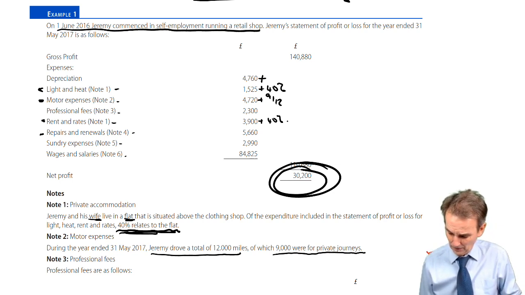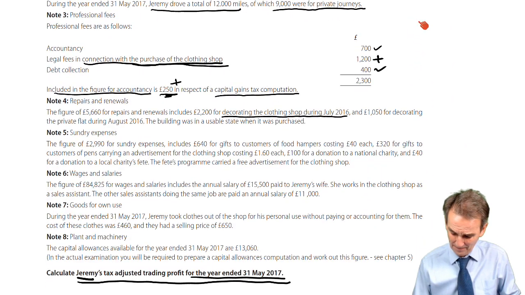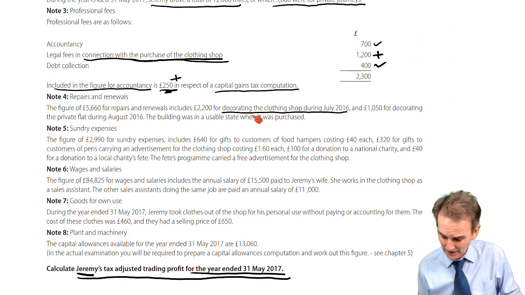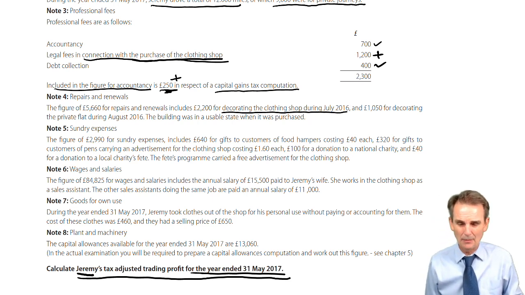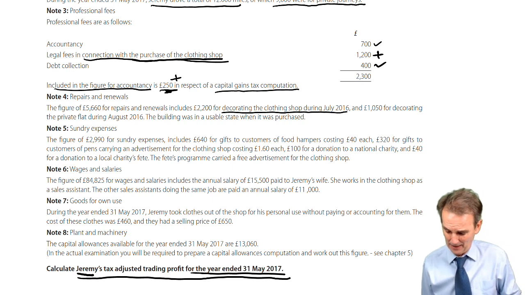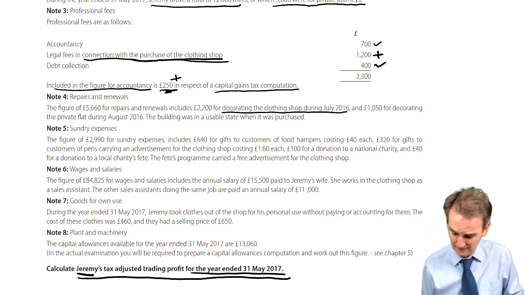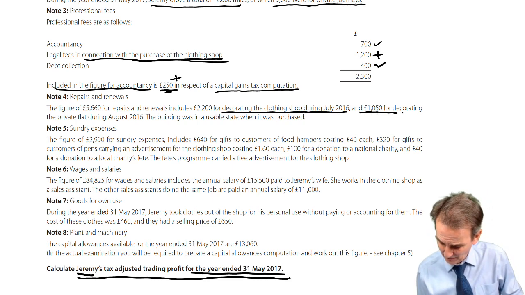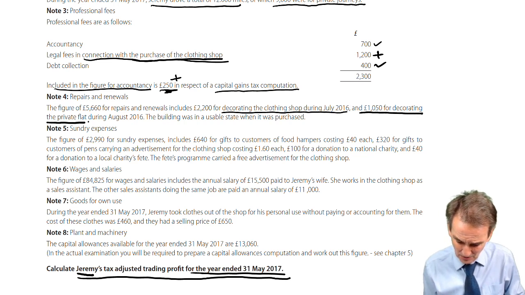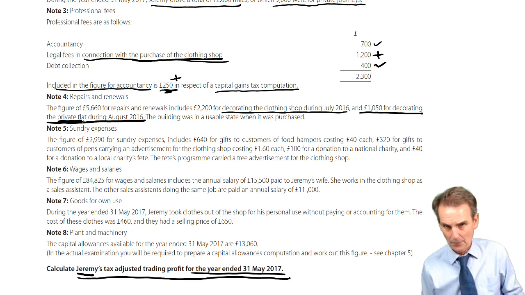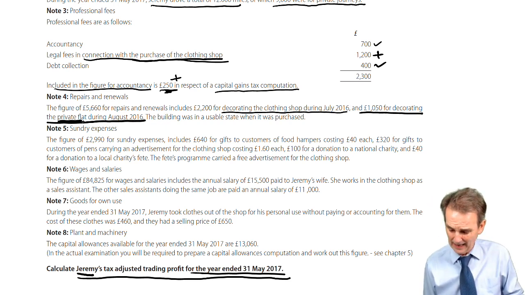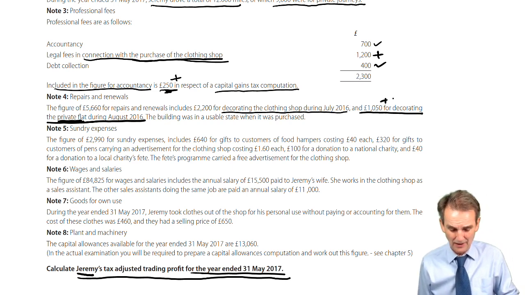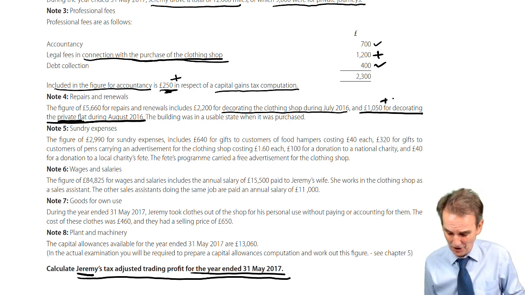What you've got here, therefore, is decorating the shop during July 16, perfectly reasonable repair maintenance expense. So that one is fine. £1,050 for decorating, oh, there's the word, the private flat. It's private. Private use, not business use. That therefore is not allowed. Put a plus sign next to your £1,050. It is clearly not allowable.